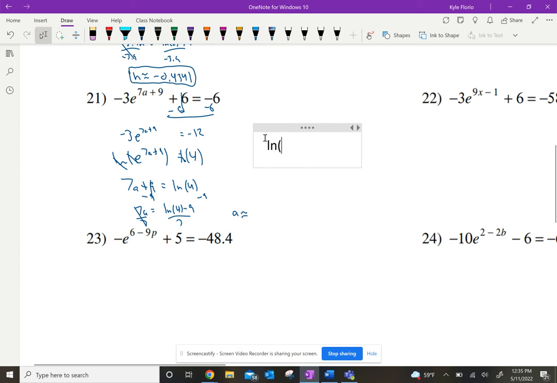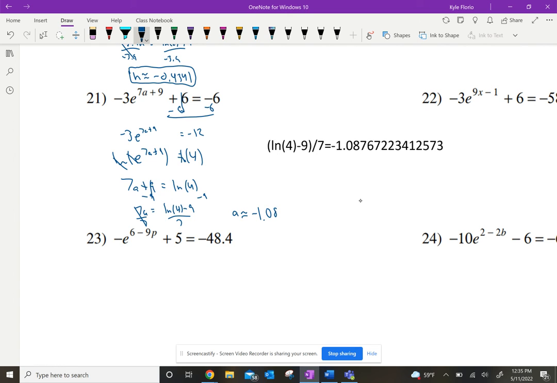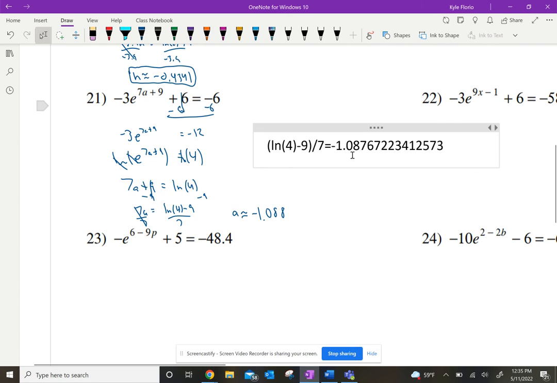Natural log of 4 minus 9. Do that operation first. And then divide that whole thing by 7. So we're getting about negative 1.088, let's call it.